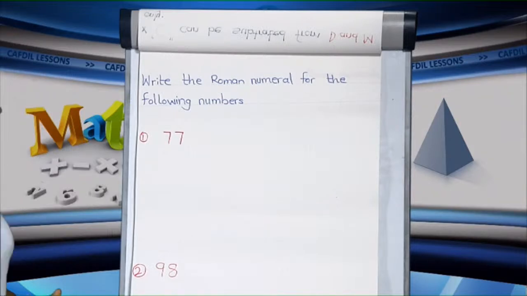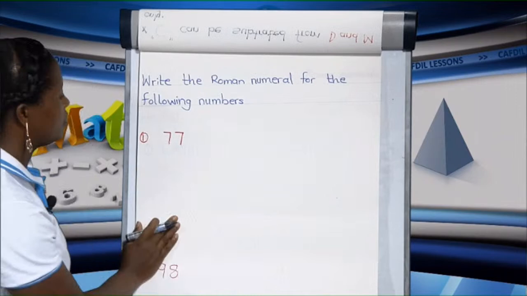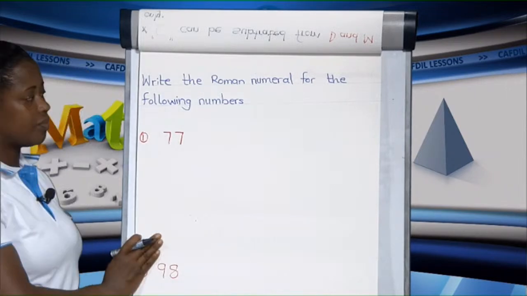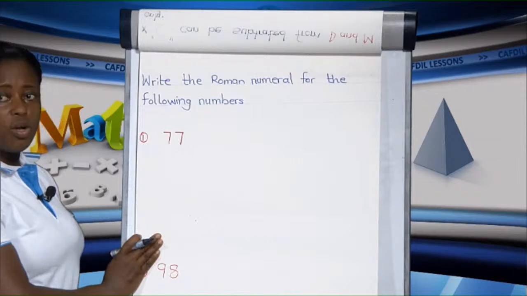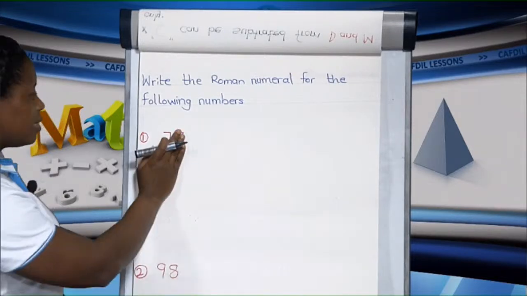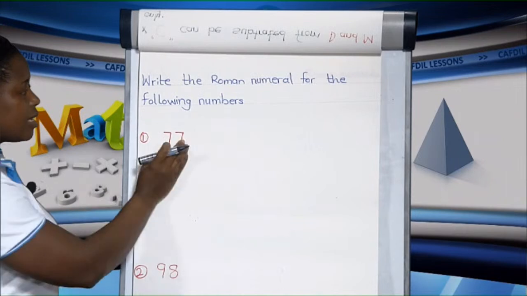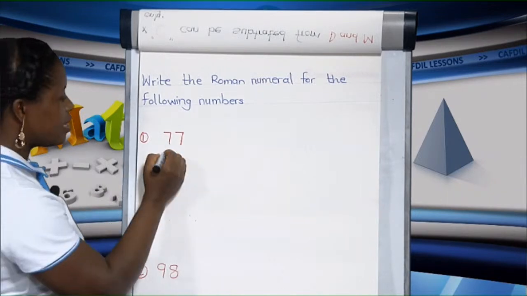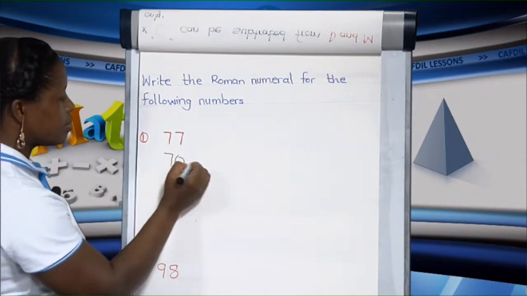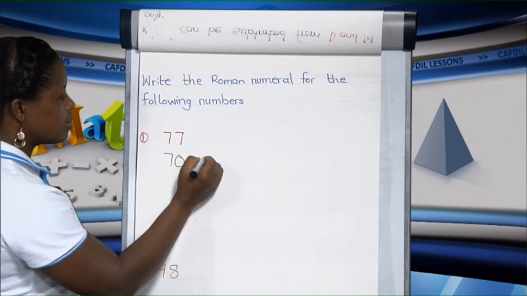So 77, let's expand this number. 77, we can have 70 plus 7.